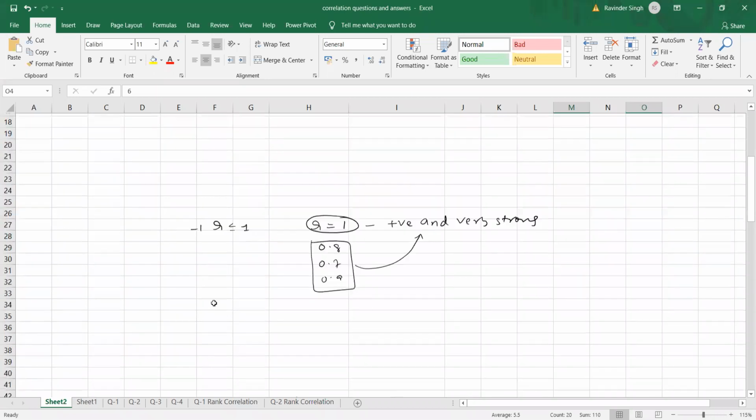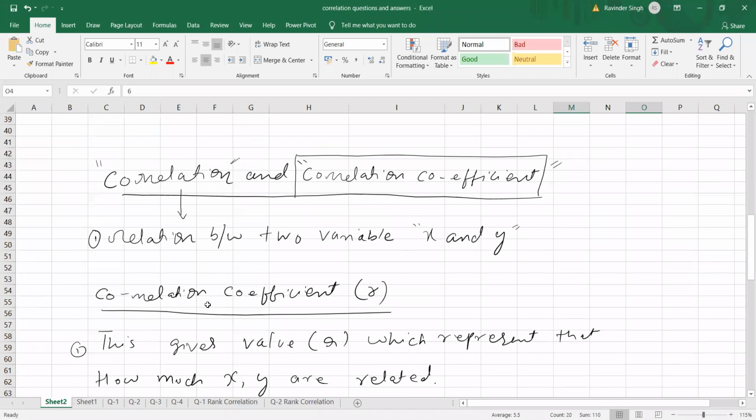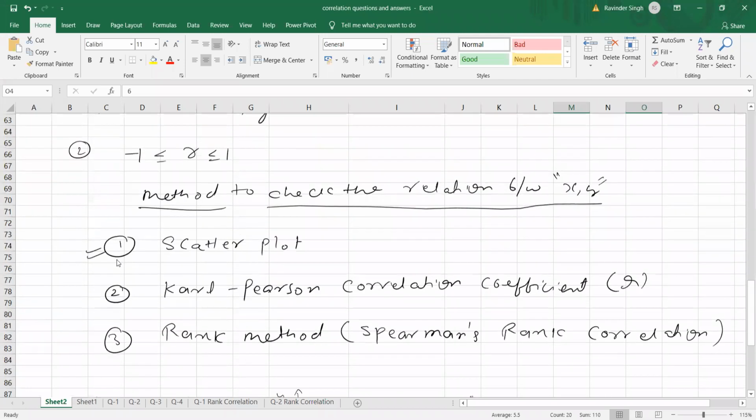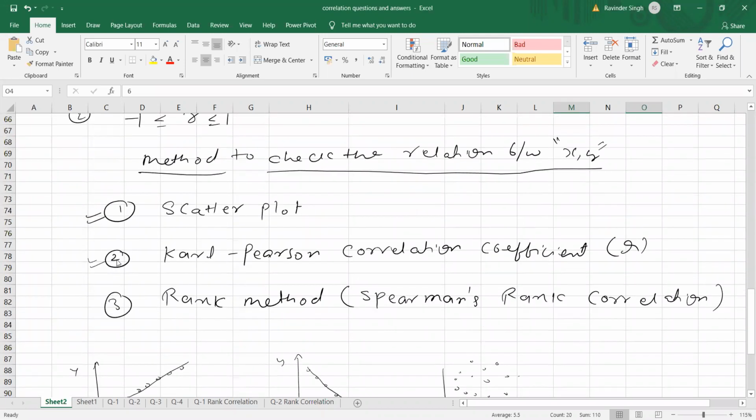To find the R value, we have to go for method number 2, which we call the Karl-Pearson correlation coefficient. We have two methods here to find the R value. One is the rank method, one is Karl-Pearson.